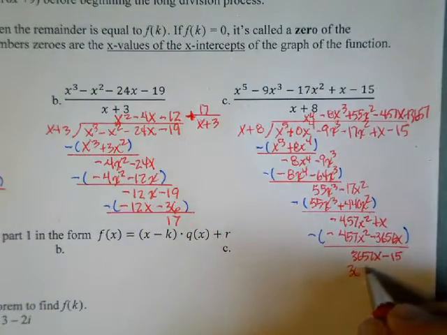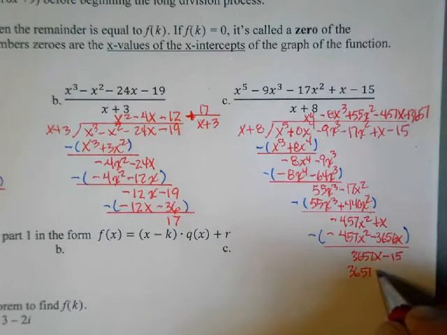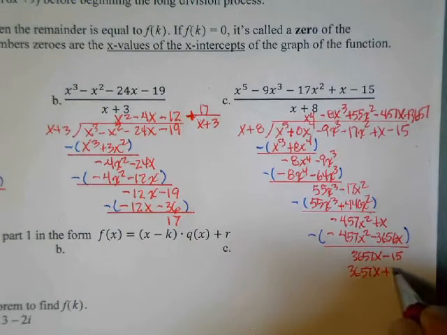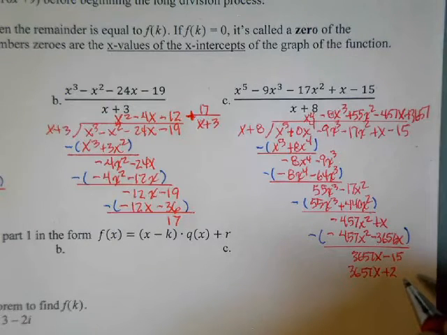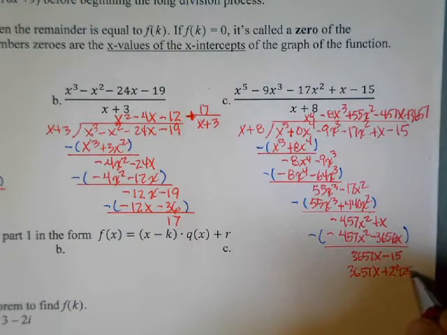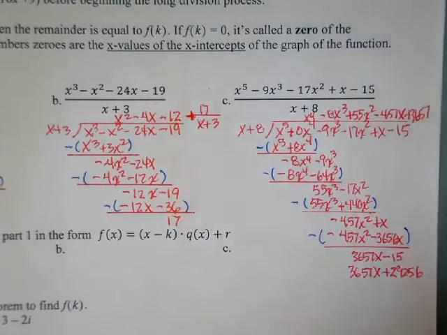So that'll give me 3657x plus 2950. Let's see, that's plus. So plus 29,256. And so that's what I'm going to subtract now.